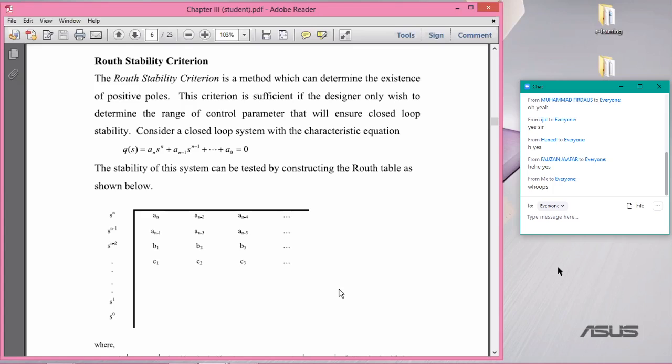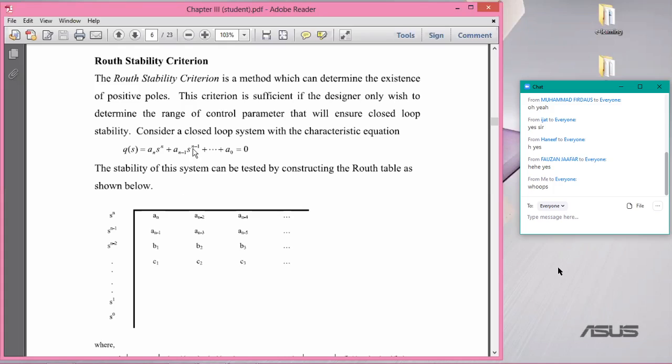There is a test that you can conduct to know whether there exists a positive root or not. It is known as the Routh stability criterion. The Routh stability criterion is a method that can determine the existence of a positive pole. That's all we need to know, whether there exists a positive pole or not.